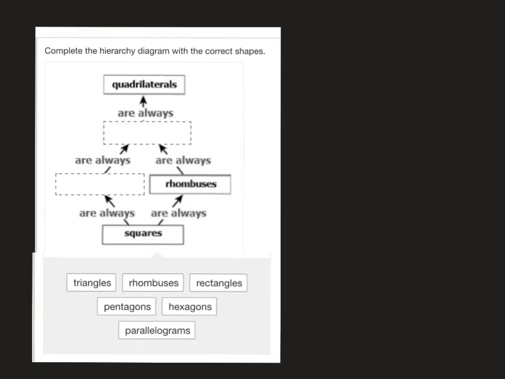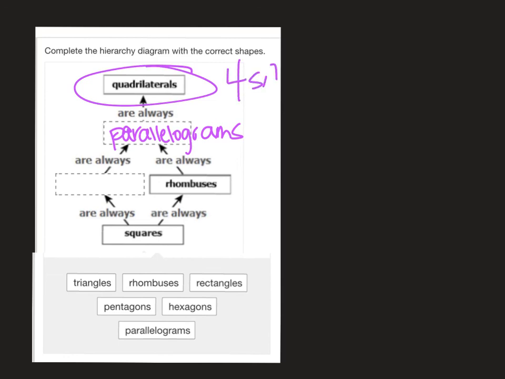All right, last questions. We're completing the hierarchy again. It says quadrilaterals, and then it's going down to the next one. We're saying what are always quadrilaterals? So on this one, we would put parallelograms. Then they're wanting us to break it down and say, what are always going to be parallelograms? Well, actually, we could have eliminated some answers from the beginning, because if we're talking quadrilaterals, that means 4 sides, right?